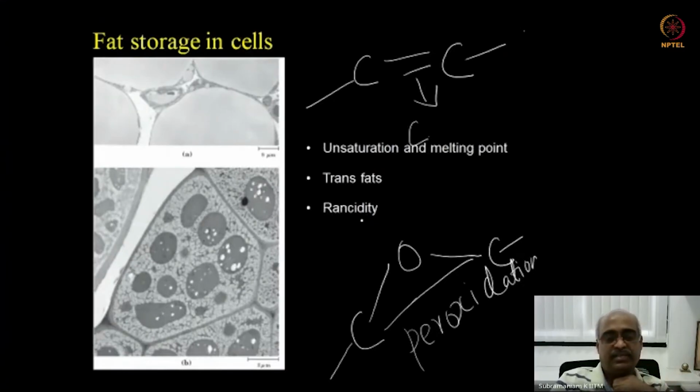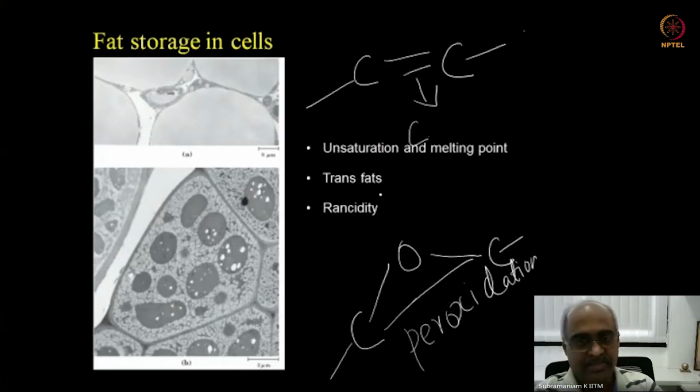So that is rancidity. And the second important point we need to consider here, again, all this results from the double bond, the unsaturation. One, the melting point goes down, then I told you about rancidity, then the third is the possibility of trans fat. So this double bond here is a site for cis and trans geometrical isomerism.